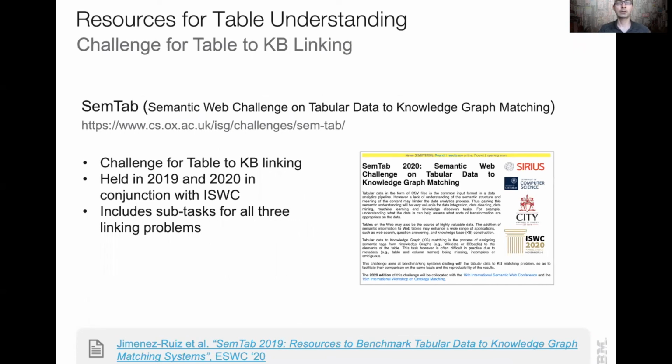For instance, there is the SemTab challenge, which was held in 2019, and it's also being held this year in conjunction with the International Semantic Web Conference. It includes subtasks for all three linking problems that we have seen. I think the table to knowledge base linking subcommunity is a great example of attempts at both sharing and standardizing tasks.